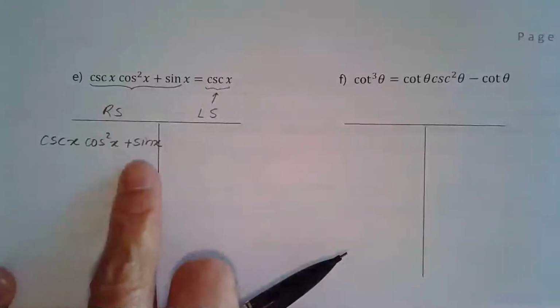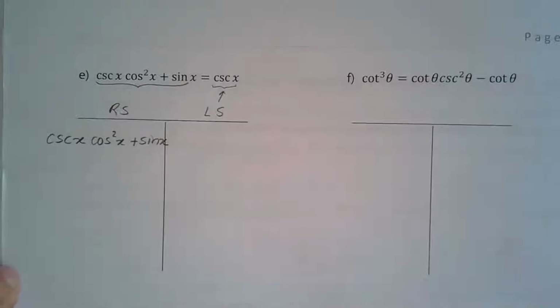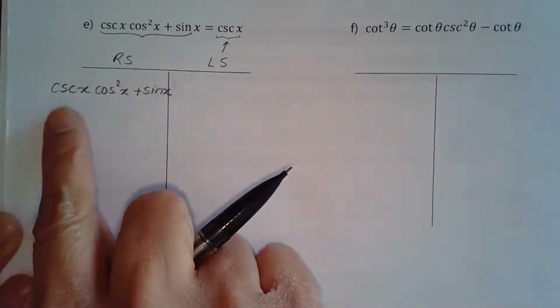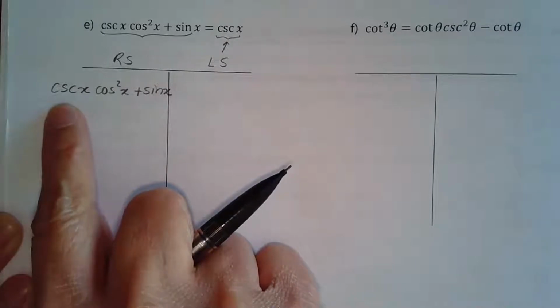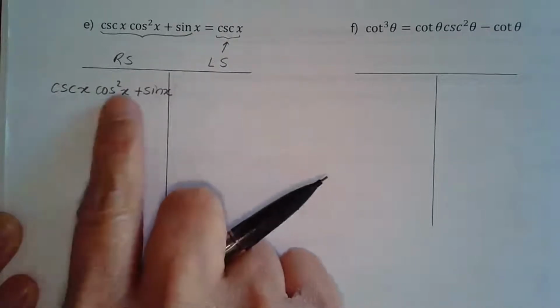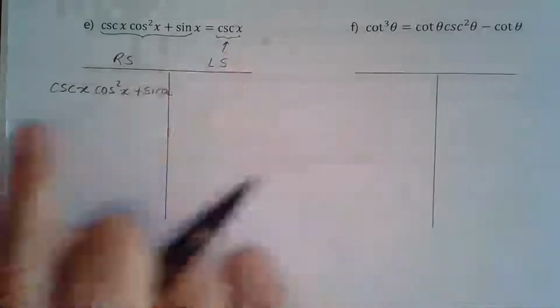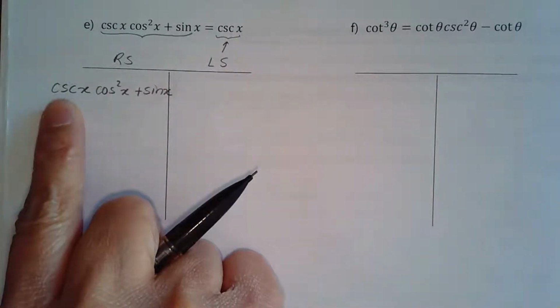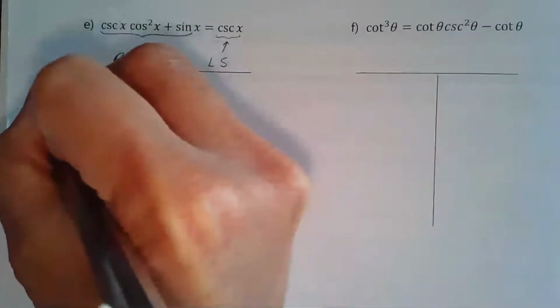This is a little bit more than what we had previously. So again, we're going to take a look at how we can break this down to make it look like that. Well, what do we know about cosecant of x? Cosecant of x is the same thing as 1 over sine of x.